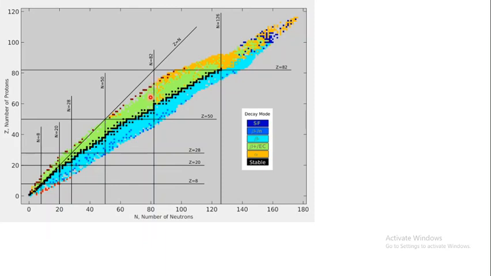So in this regard, there are mainly two kinds of nuclides over this graph. One is above the stable diagonal line and the other below the stable diagonal line.